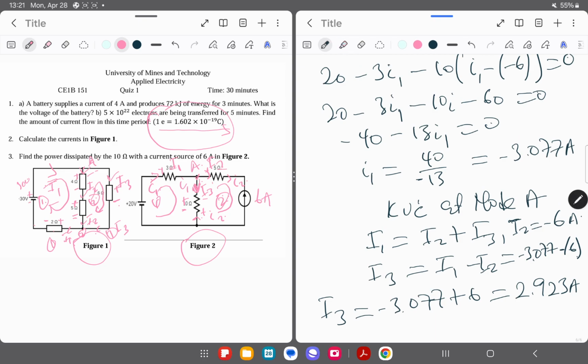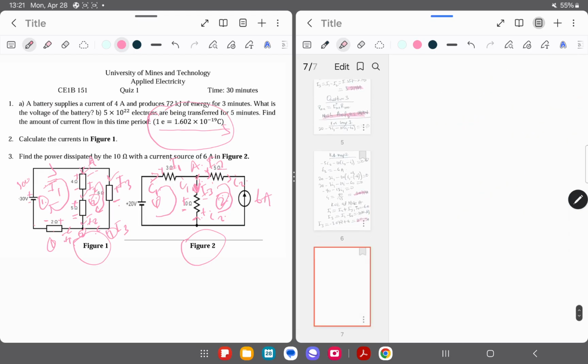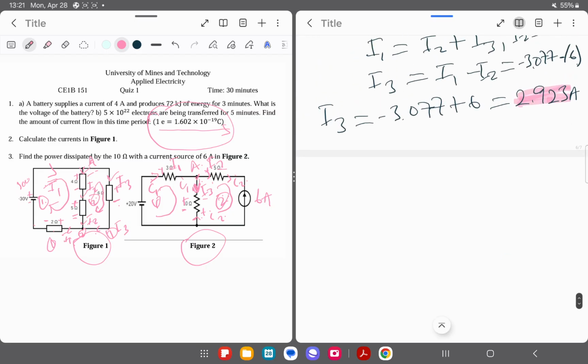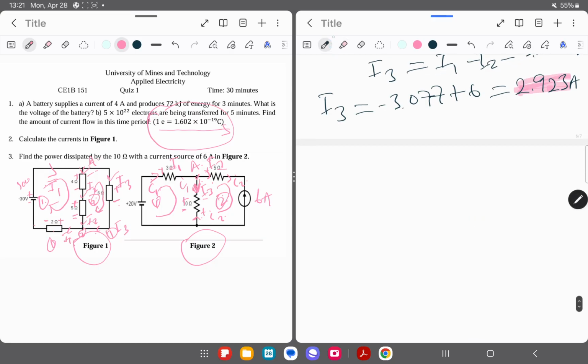We have this current here, which is I3. Now this I3 is the current that is passing through the 10 ohms resistor. So I can write the current passing through the 10 ohms equals I3, which is 2.923 amps.